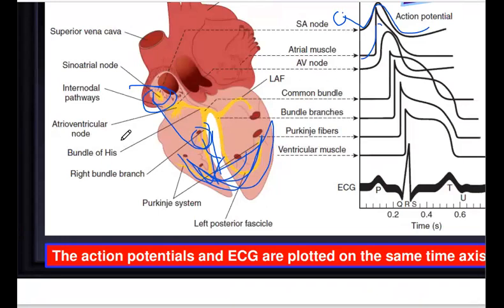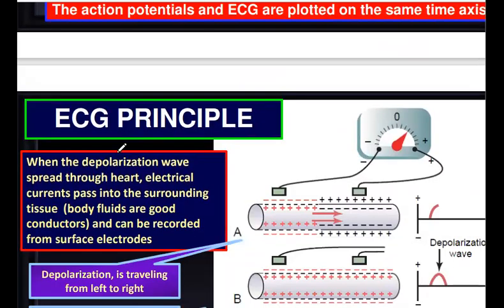Depolarization means the heart is getting electricity, energy, when sodium ions enter each cell of the heart. Then it is repolarization. From depolarization to repolarization, depolarization is resting. Repolarization means the heart is again getting the electricity. Polarization.